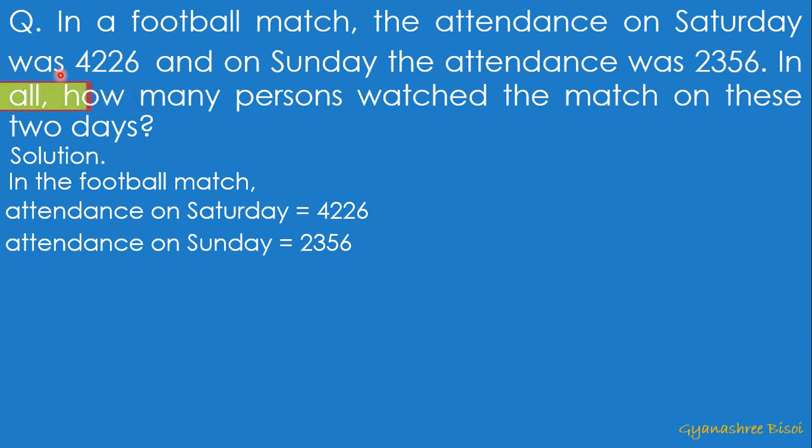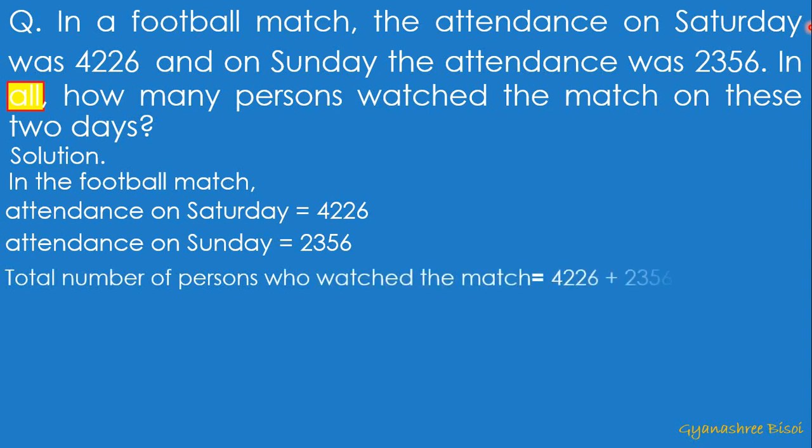Now, the clue word all says that we need to perform addition. So let's do it. Total number of persons who watched the match equals to 4,226 plus 2,356. Now put a line and we will add.